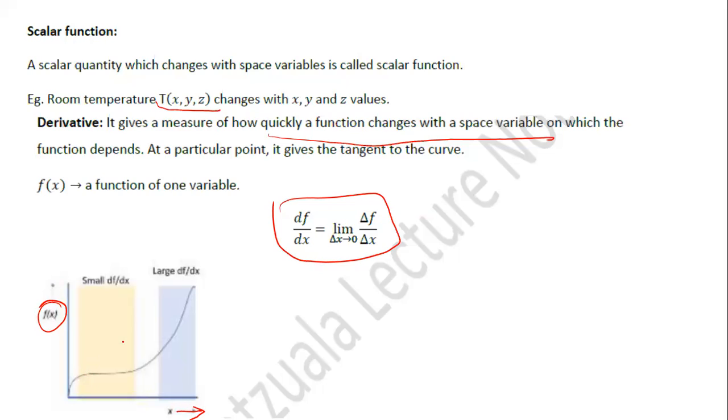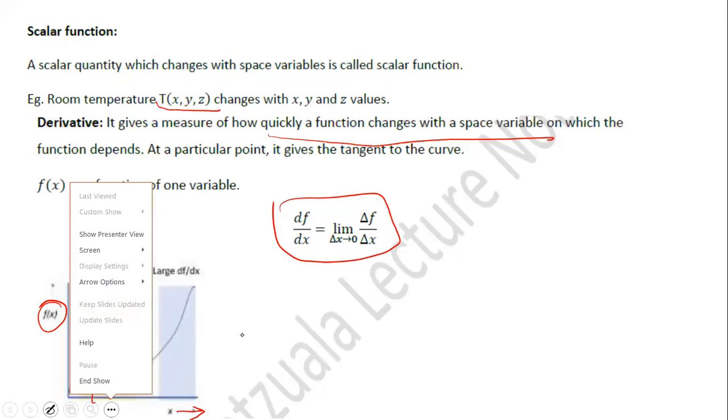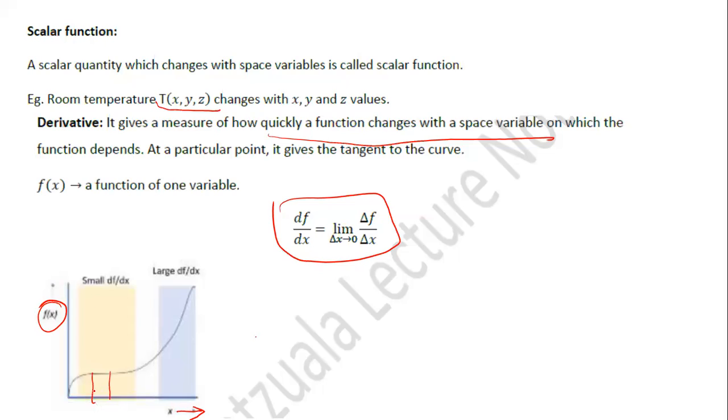Now, if you take del f upon del x in this region, like for example, if you take something like this, suppose the change in x here is, let's say this is your del x, and corresponding to del x, what is the corresponding change in f value? The corresponding change in f value will be very small, del f, isn't it? So if you take the ratio del f upon del x here, this is very small.